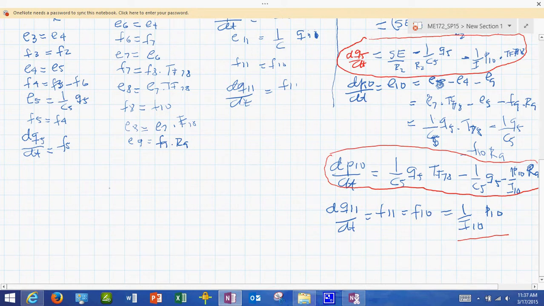So you have three summation points, because you're going to have three equations. The first one is dq5/dt. I'm just going to put the terms in here. This right here is dq sub 5 dt.